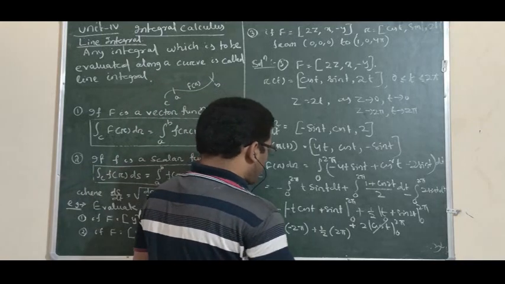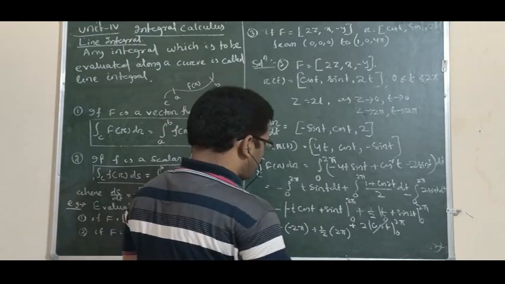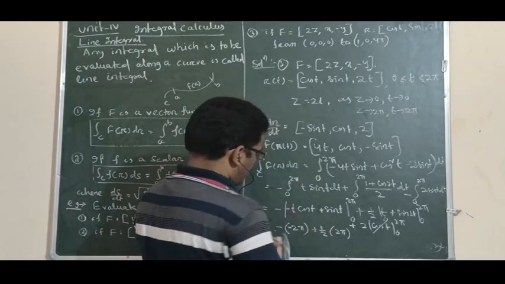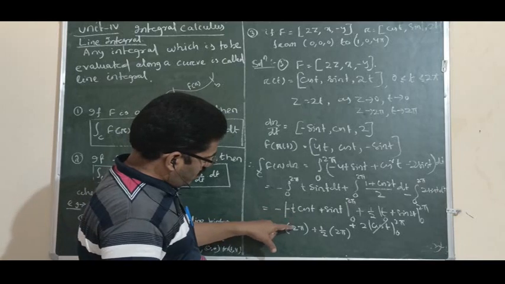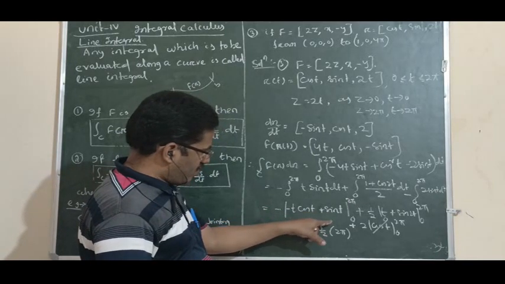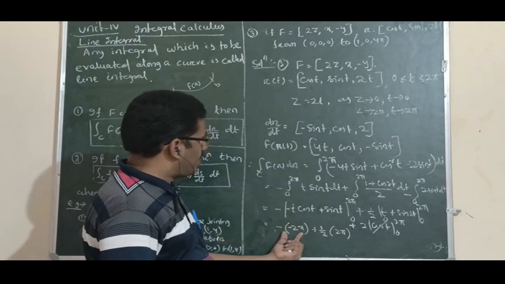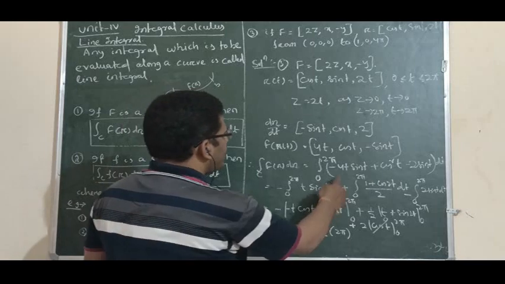So at last we will get the answer. 2 cos 2 pi is 1, sin 2 pi is 0, that is 0, only the 4 is there.